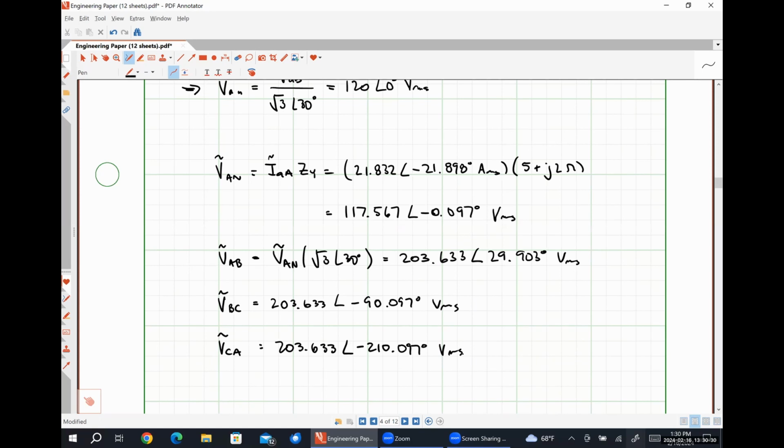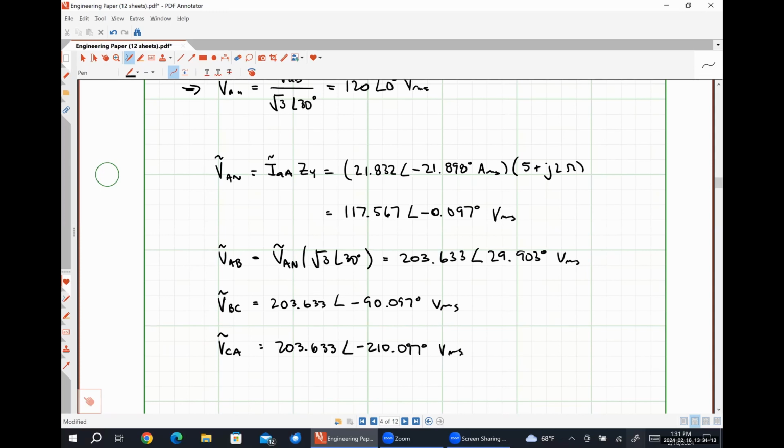Instead of learning a bunch of different rules for analyzing these other systems, we are going to learn transformations so that we can make a delta connected source look like a Y connected source, or a delta connected load look like a Y connected load, so that we can use a single phase equivalent circuit for everything, and then use the information we glean from that trivial analysis with KVL and KCL to figure out any quantity that we can't get directly from our single phase equivalent circuits.